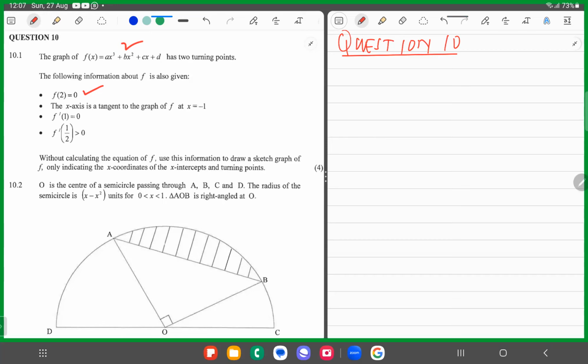So that gives us an x-intercept. The x-axis is tangent to the graph of f at minus 1. f primed at 1 is 0. f primed at 1/2 is bigger than 0. Without calculating the equation of f, use this information to draw a sketch graph of f, indicating the coordinates of the intercepts and the turning points. Okay, we don't need to find the equation, let's just draw a sketch graph of this.